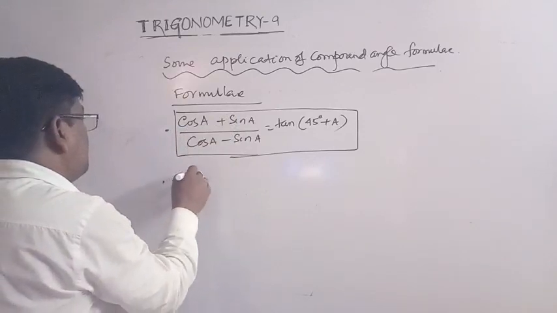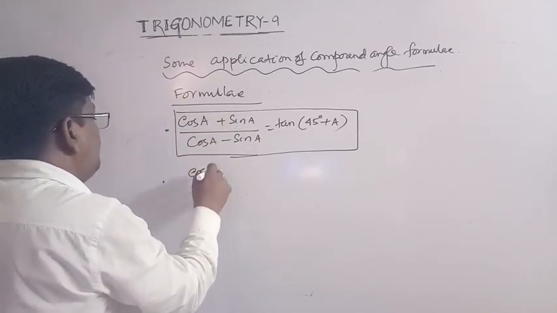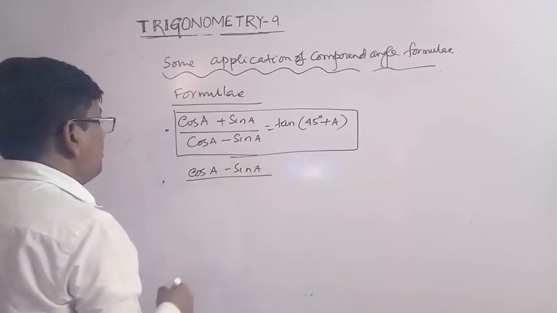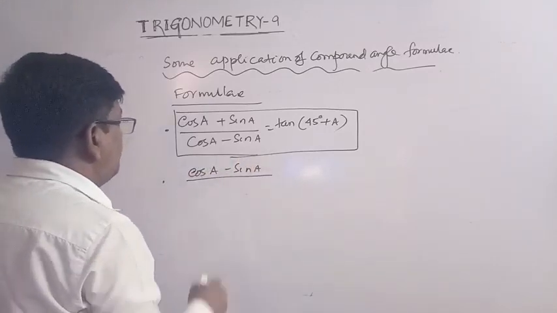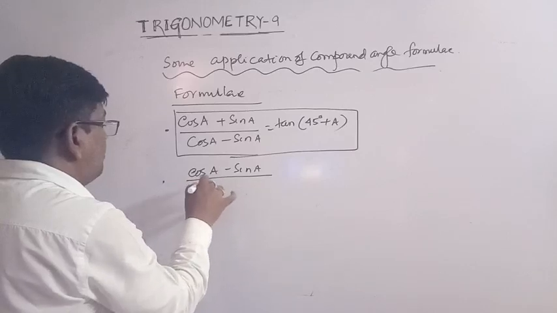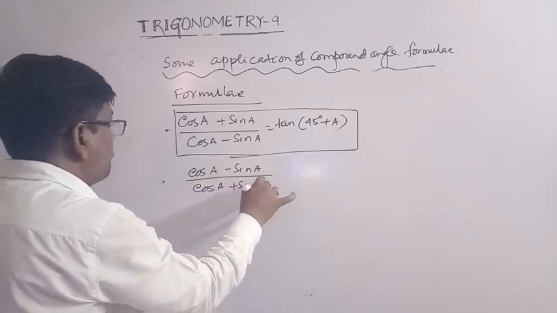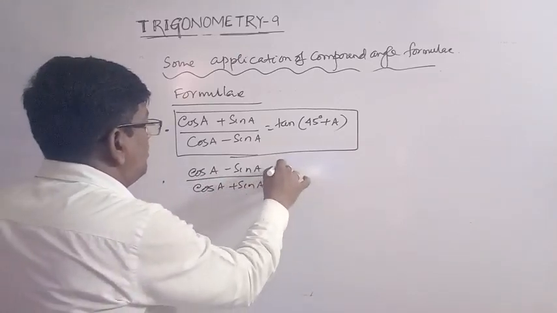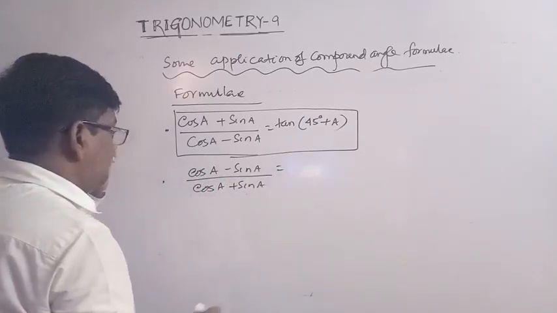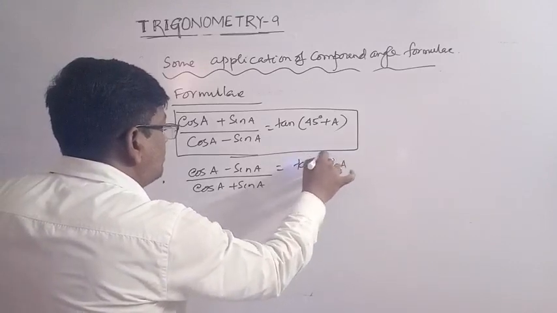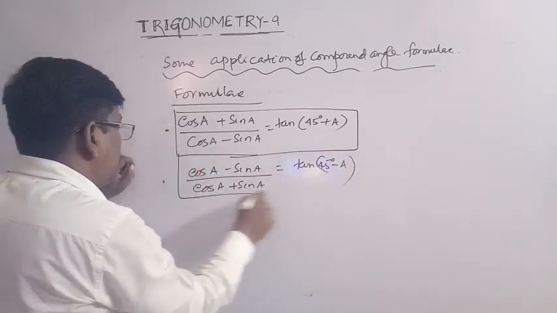Now another formula: (cos A minus sin A) divided by (cos A plus sin A) is equal to tan (45 degree minus A). Second formula.